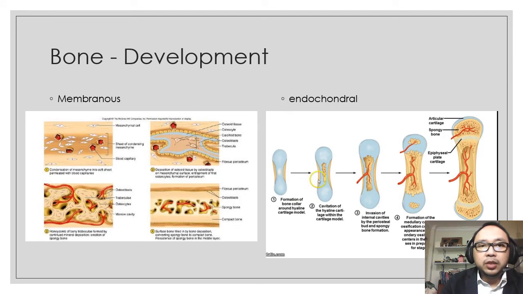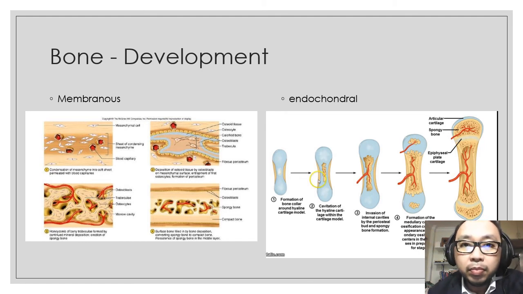So let's move on. Bone is developed by two processes. It could be either membranous or endochondral. In the first process, the bone is developed directly from a connective tissue, and in the second, there's a cartilaginous model which is first laid down and later replaced by bone.